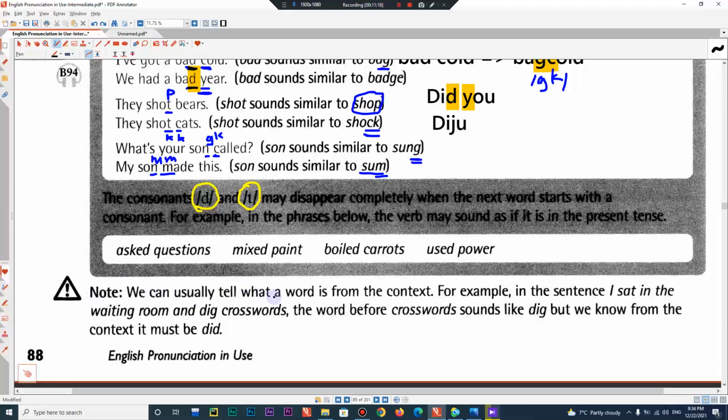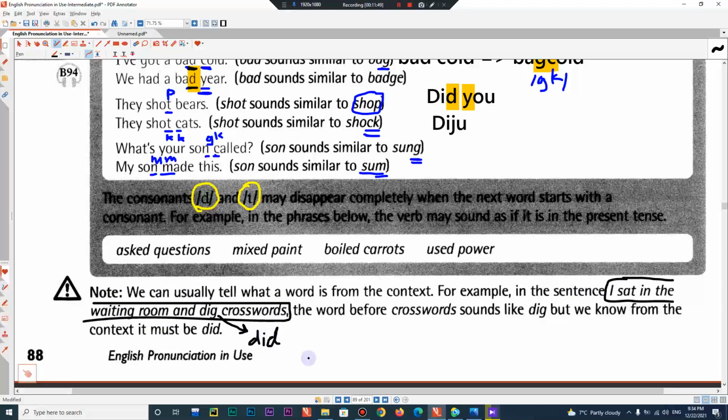We can usually tell what a word is from the context. So here there is a sentence: I sat in the waiting room and dig crosswords. In this sentence, you should guess the word dig from the context. So this word is probably did, right?